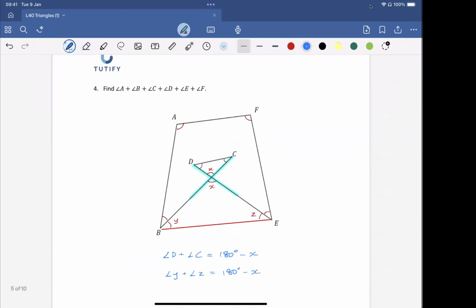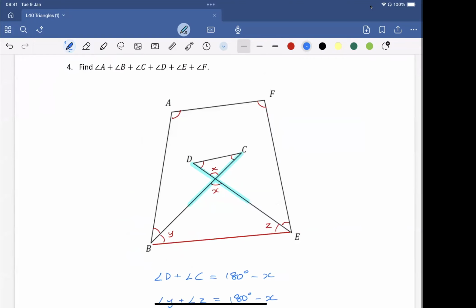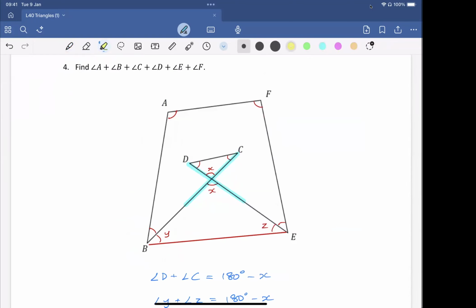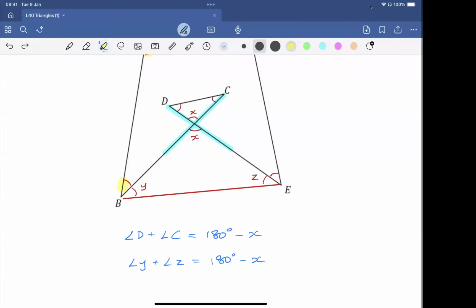So if the question wants you to find A plus B plus C plus D plus E plus F, what angles are we finding? Let's highlight it. We are trying to find A plus the angle B here plus the angle C and D. Instead of finding C and D, what can I find, which is the same as C and D?